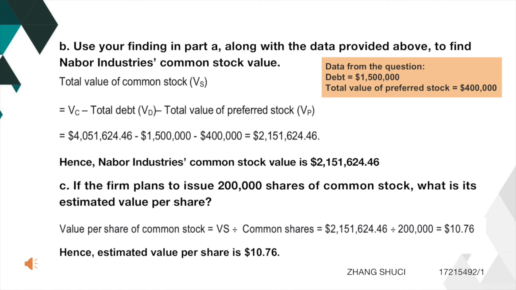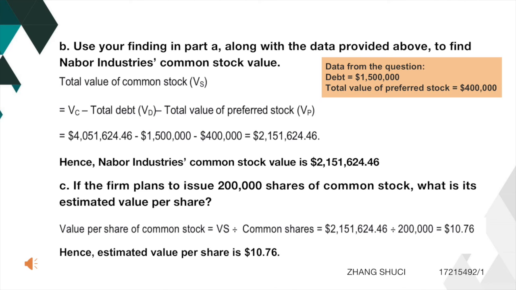With the data the question has given and what we got from question A, the Naval Industry common stock value is 2,151,624.46.